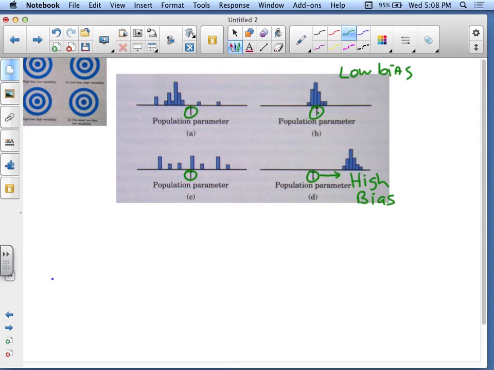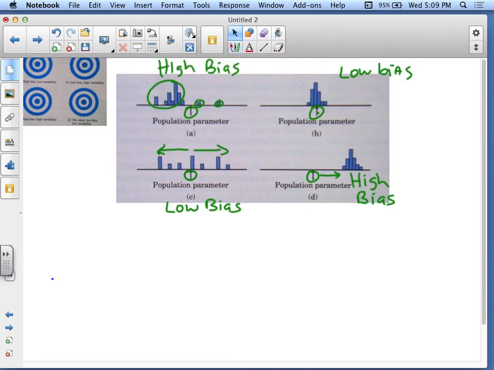Now again, it's even on this side and even on this side. That means it's symmetrical around the parameter, and so this is going to be low bias. The majority of them are over here, and a couple of them over here. So this again is going to be high bias because it's not circled around the parameter.